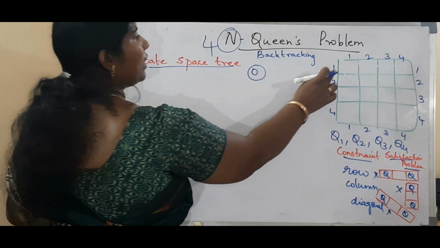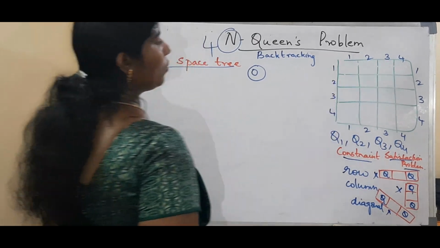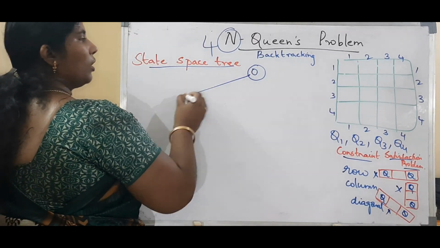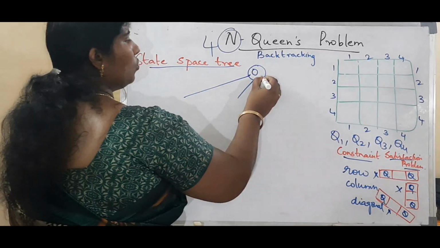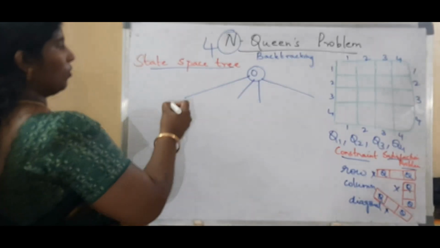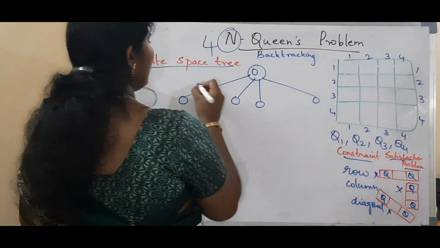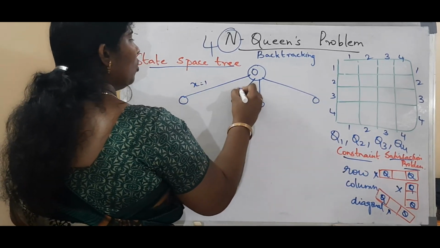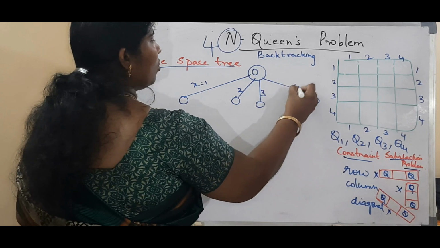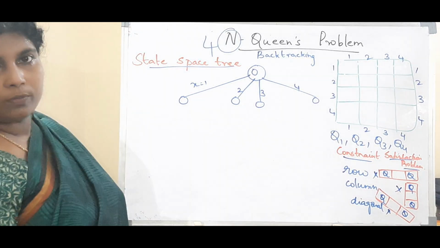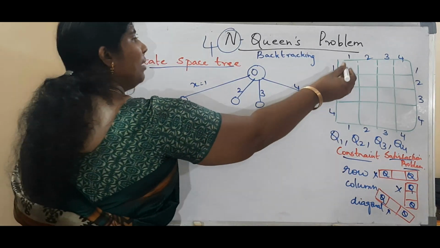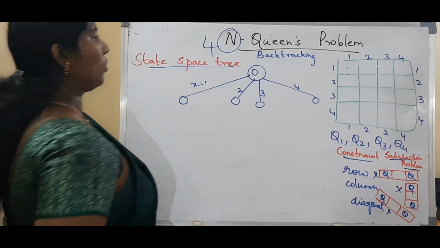Here there are possibilities of placing my first queen in 4 different locations. It can be either 1, 2, 3 or 4. So my x value can be 1, 2, 3 or 4. Now let me first look into what the consequences would be if I place my queen in the very first location.